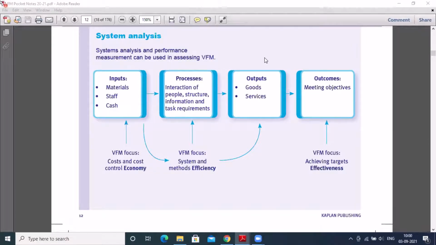Let me know if you have any questions on this system analysis. Shall I continue? Yes.